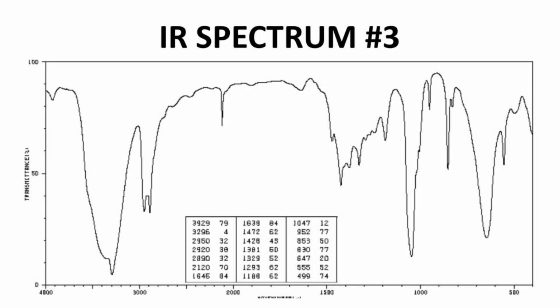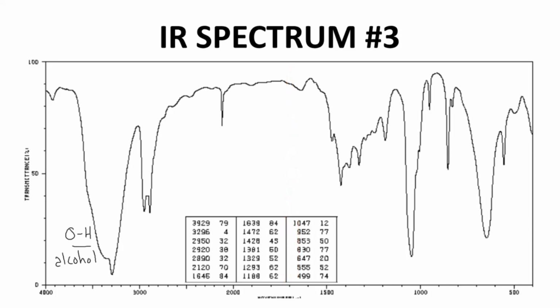Here is our final spectrum. We have a big broad peak on the left. This is almost certainly an OH stretch. Is this an alcohol or carboxylic acid? It must be an alcohol. A carboxylic acid would also have a carbonyl around 1710.